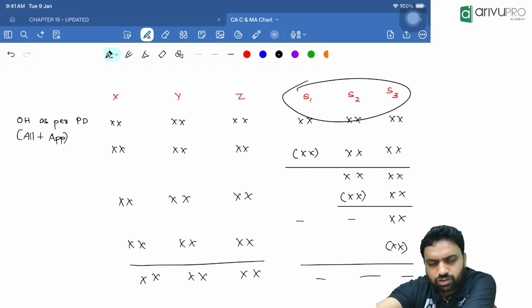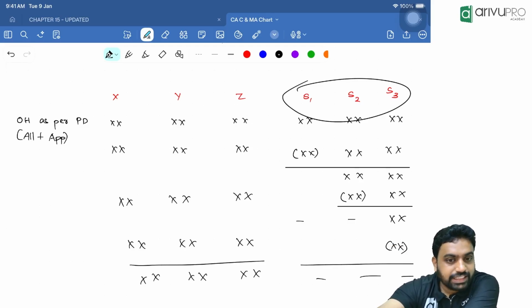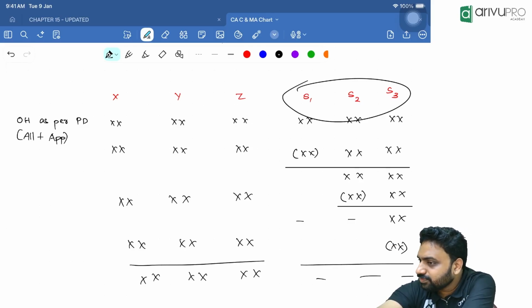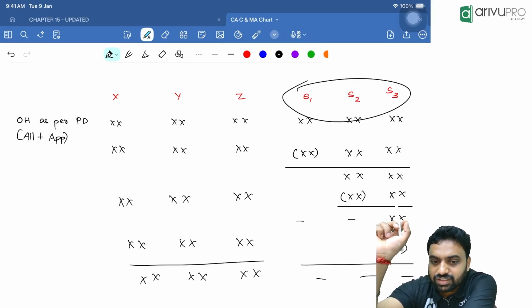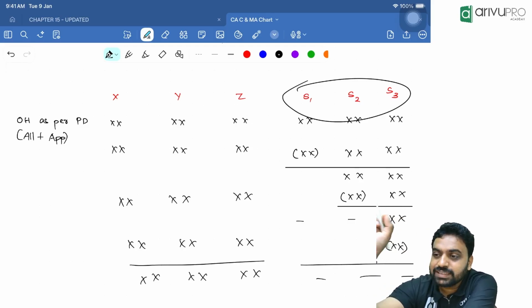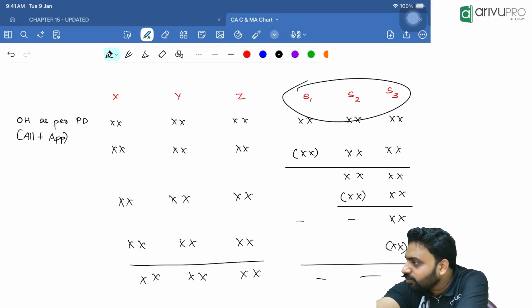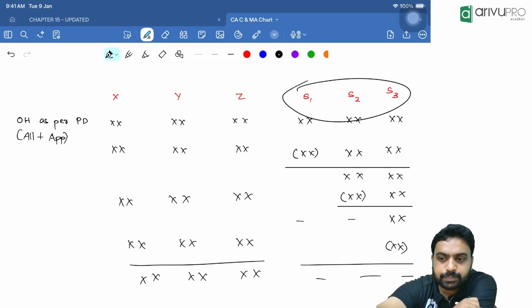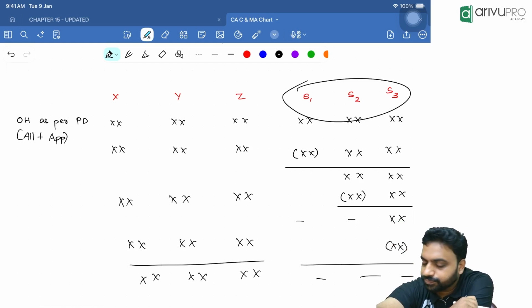P1, P2, P3, any production department you leave, that will be there. Only to decide this, we will consider only service departments. S2 I wrote second because it provides service to one other service department. S3 I wrote last because it won't provide service to any other service department. So first we should write the department which provides service to the maximum number of service departments, followed by a bit less, followed by a bit less. Is that clear? Any doubts? No.